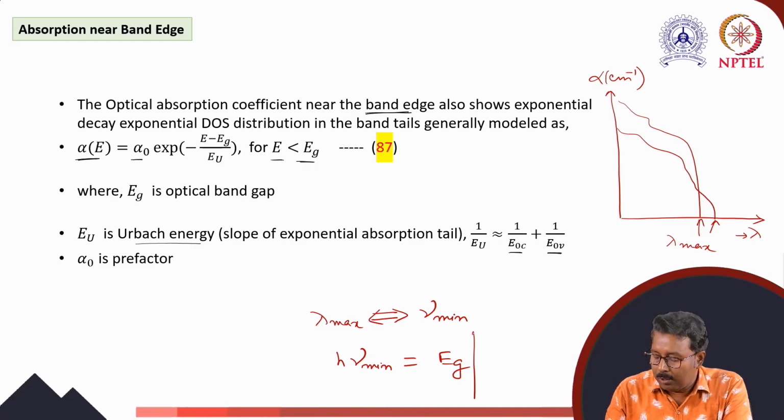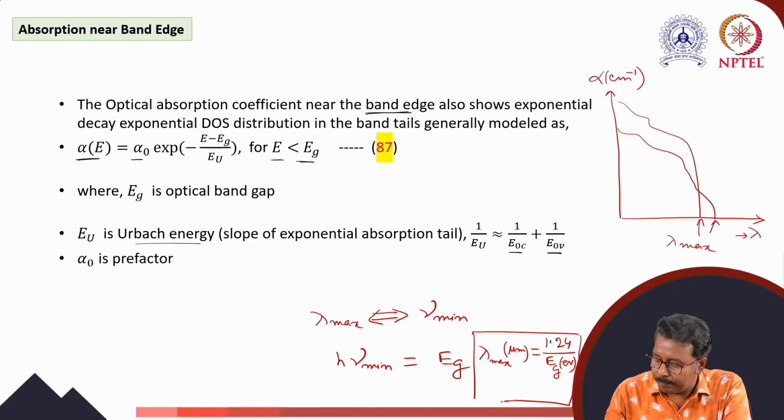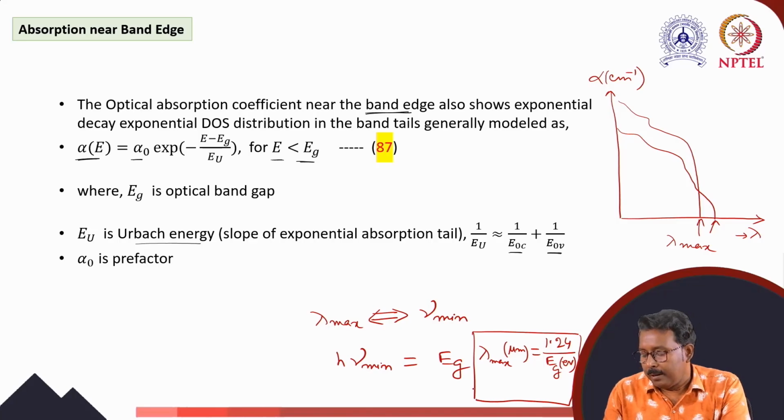You know the thumb rule formula: lambda max in micron is equal to 1.24 by Eg in electron volt. That also can be calculated.